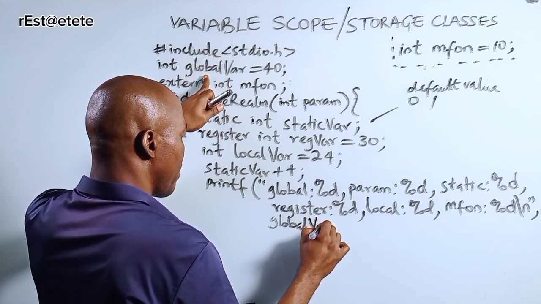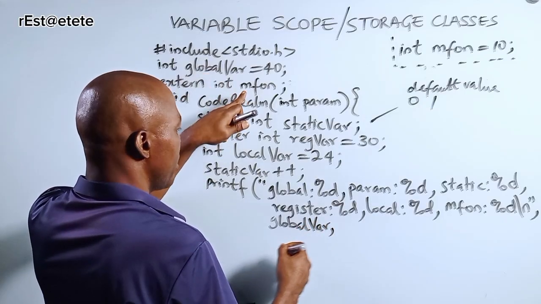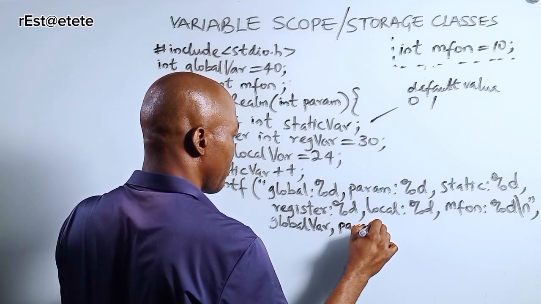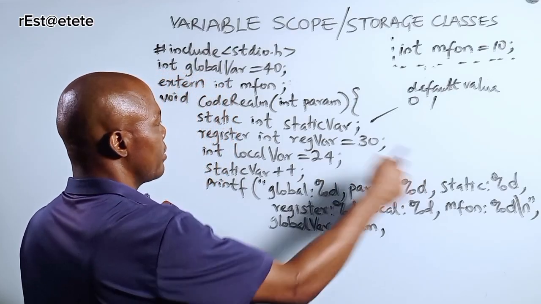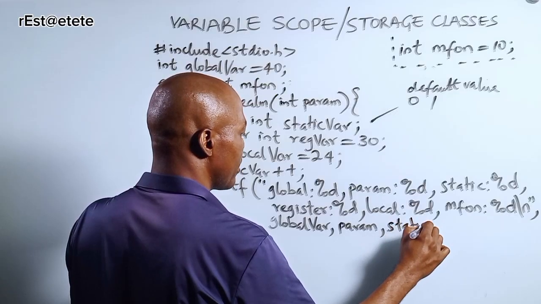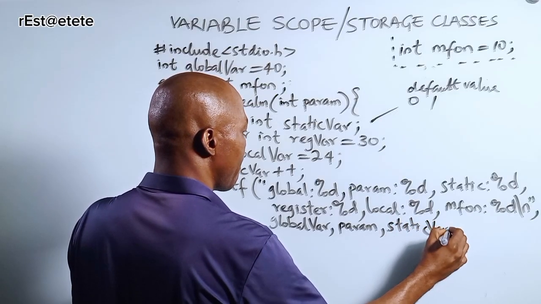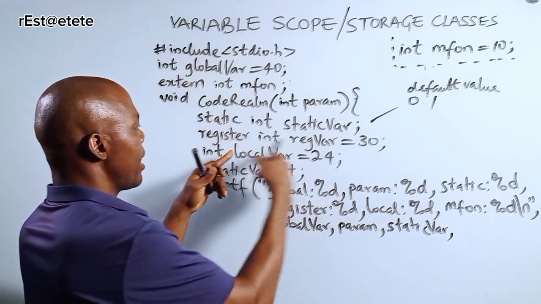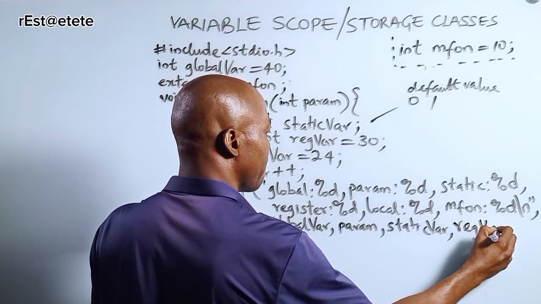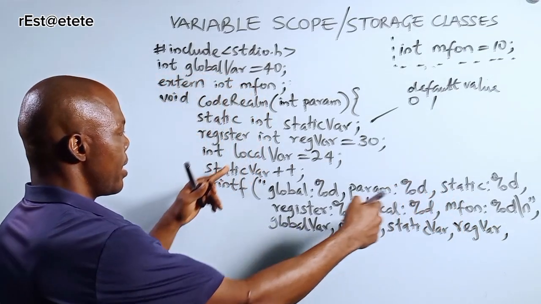global var, comma, param, comma, static. So this one will take static var, comma, register. So reg var, comma, local.